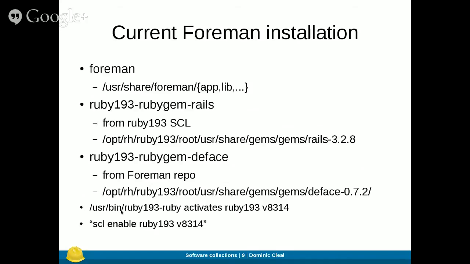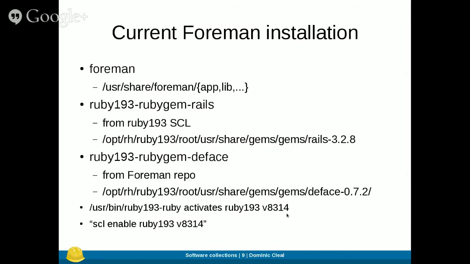We also install a couple of binaries under /usr/bin, short scripts that we can use in shebang lines and in Passenger configs to activate the collection. So that way, when Passenger tries to launch Ruby to launch Foreman, it runs scl enable ruby193 and the v8 collection, which is a JavaScript library.